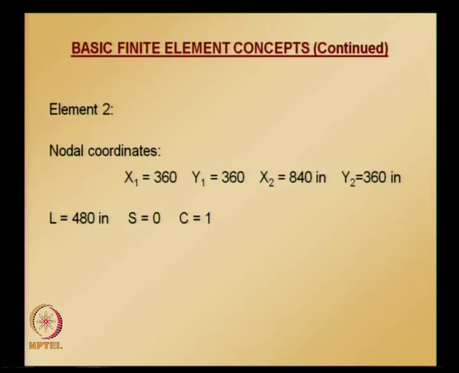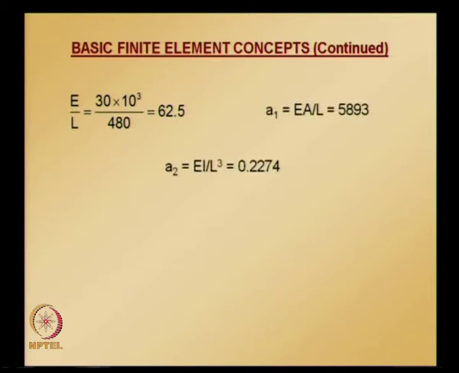So we need to calculate the fixed end solutions, because those values are required for assembling the equivalent load vector. Once we have all these values, we can write the transformation matrix and the stiffness matrix for element 2 in the local coordinate system.